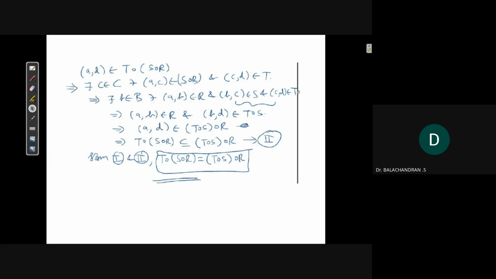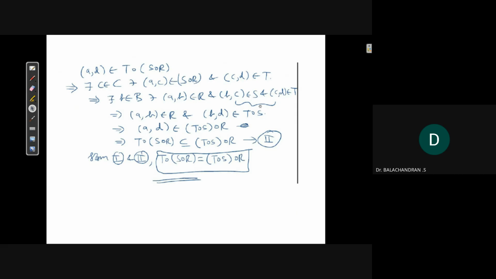Capital T. Now (A, B) belongs to R, (B, C) belongs to S, (C, D) belongs to T. Now I will take these two, (B, C) and (C, D), and you will get directly, you can write what? (B, D) belongs to, first you are applying what? S. So the S is coming here. Second you are applying what? T. Okay, so T∘S.